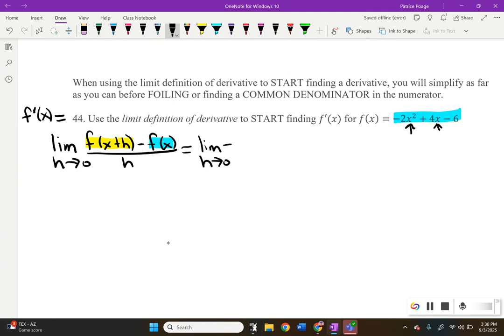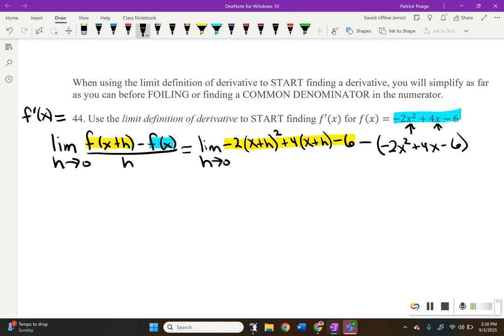So I've got the limit as h goes to 0 of negative 2 times x plus h squared, plus 4 times x plus h, minus 6. That's my yellow part. Minus the blue part, which I'm going to put in parentheses: minus negative 2x squared plus 4x minus 6. That's all over h.